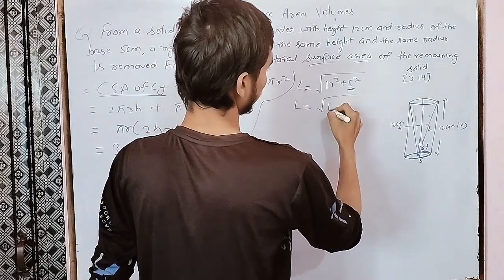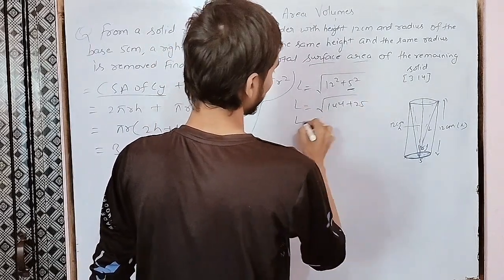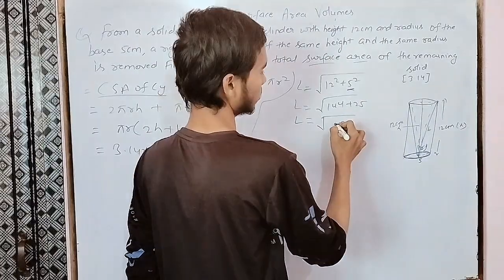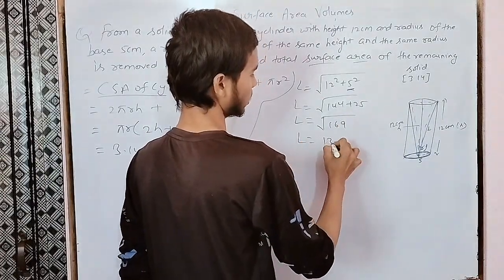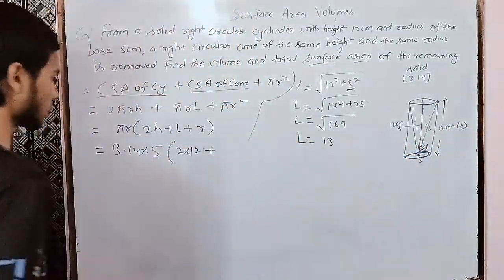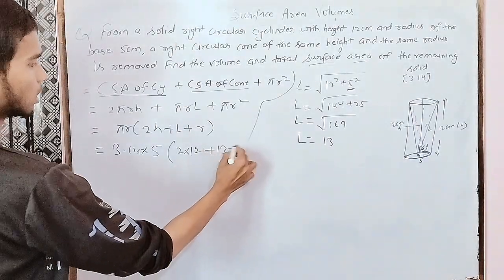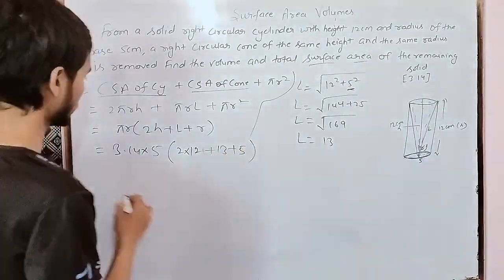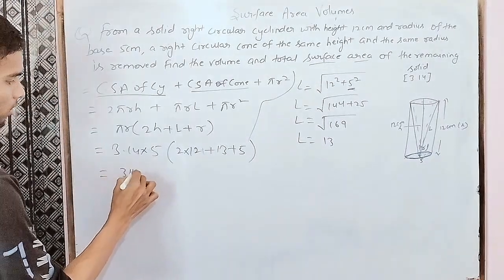So it will be 144 plus 25, which becomes 169. L will be 13. So the measure of this side is 13 centimeter. We will put it here, and R is 5, and we will simplify it.